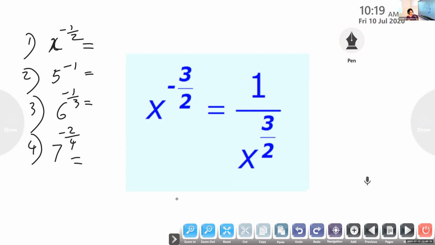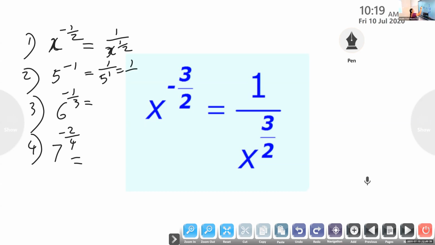Varada, did you complete the first one? What is the answer? Ma'am, 1 by x raised to 1 by 2. Second answer, anybody else? 1 by 5 raised to 1.